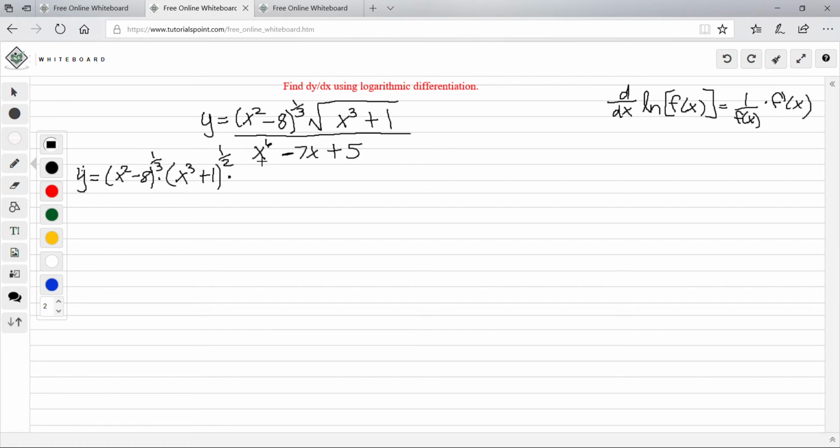Basically, I'm putting everything on the top. So what about this one? We could put this on the top, but we would have to write it as x to the 6 minus 7x plus 5 to the -1, right?